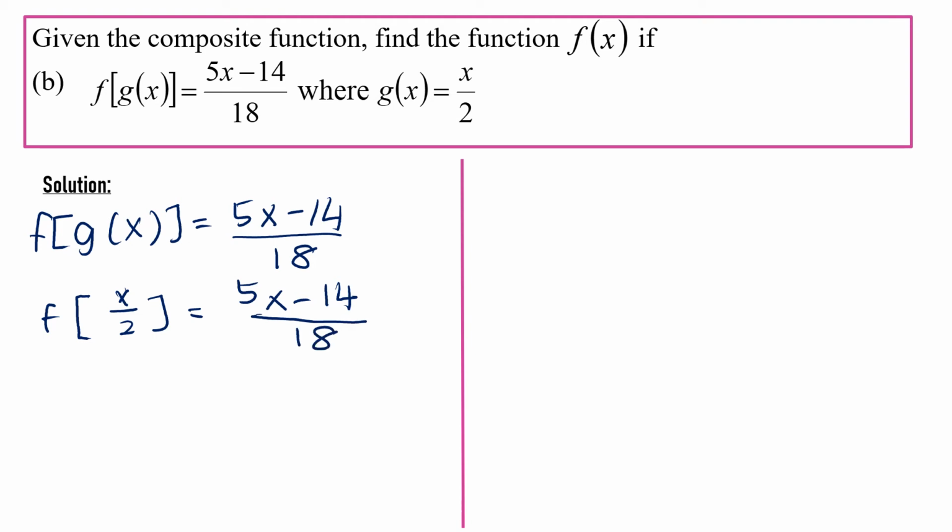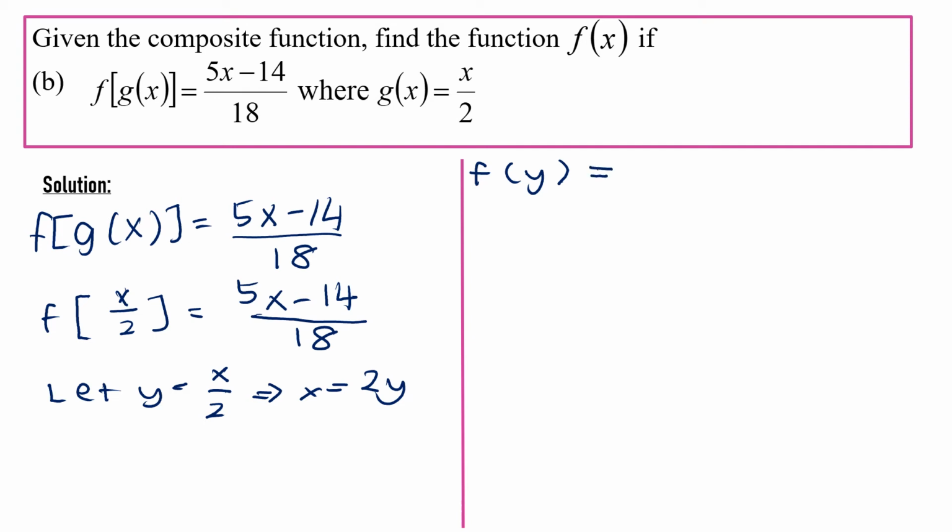And then remember, if we want to find the outside function, we have to let y equal x over 2, and then rearrange this function to have x as the subject, 2y. And then we proceed to the next step. We make y the subject.